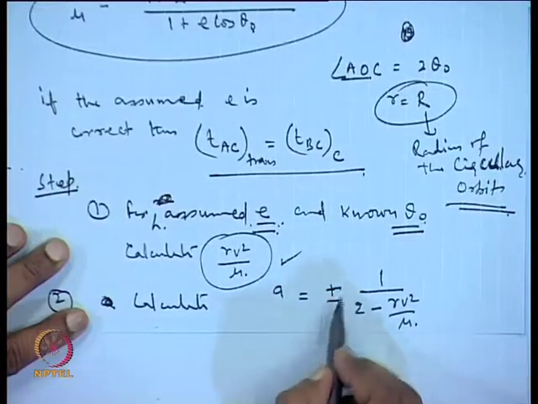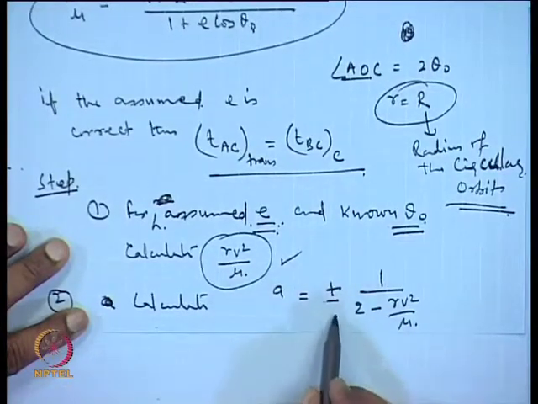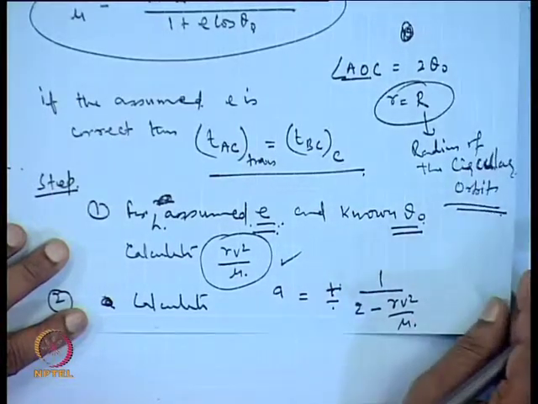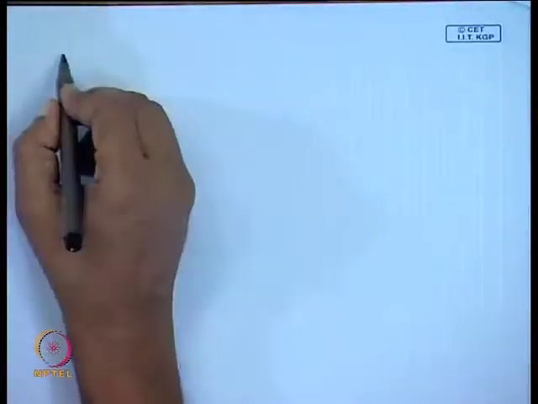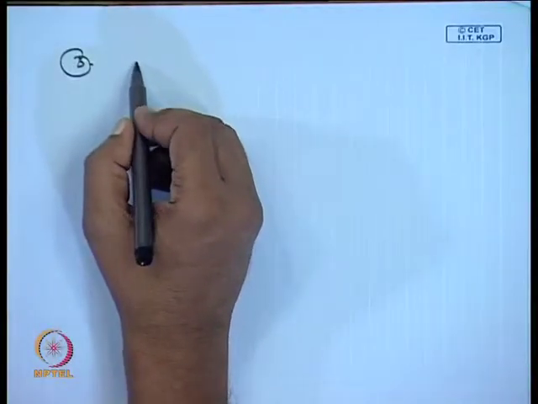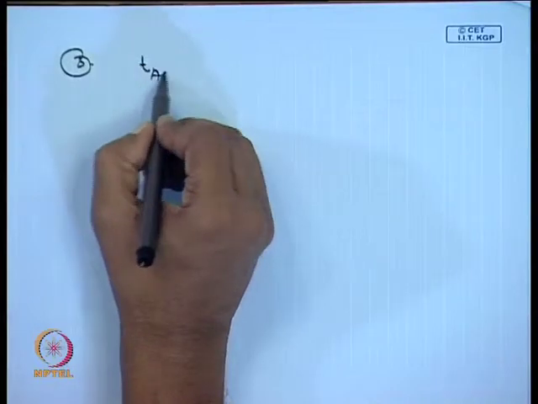Okay. So, minus sign for hyperbola, plus for ellipse. And obviously, then TAC can be calculated.